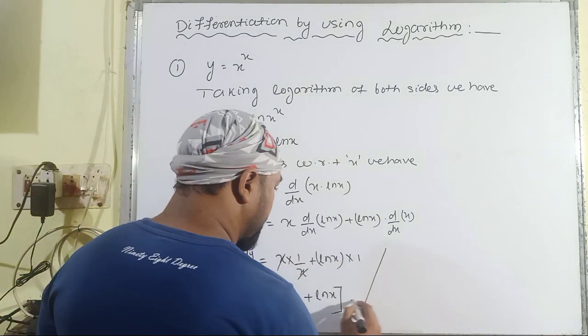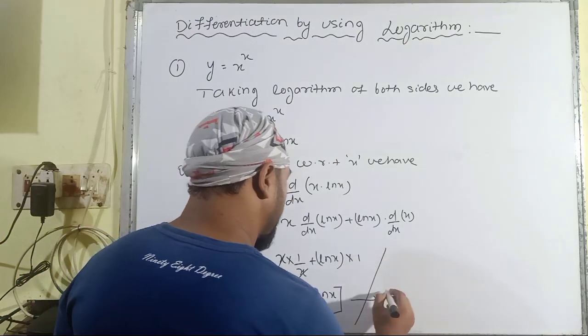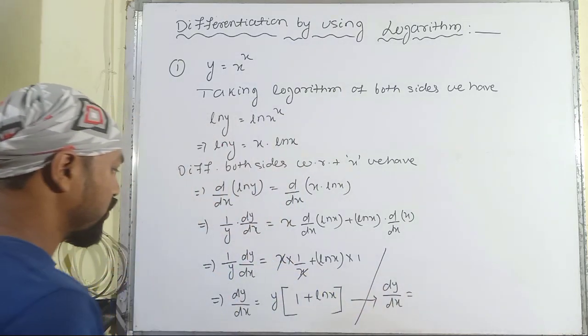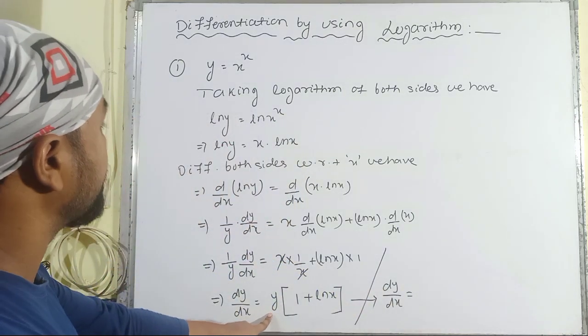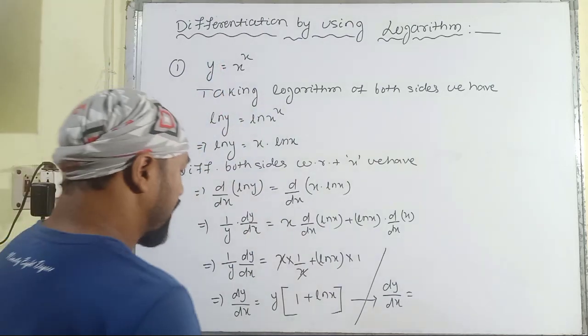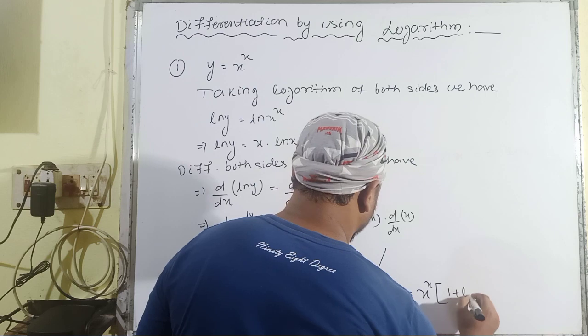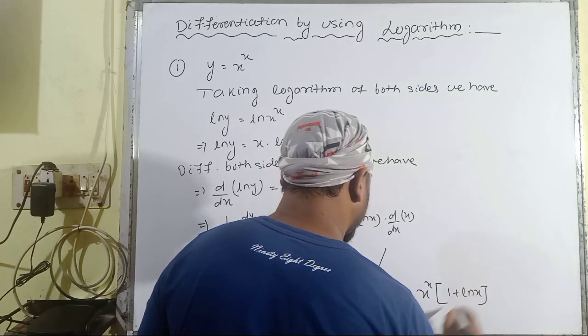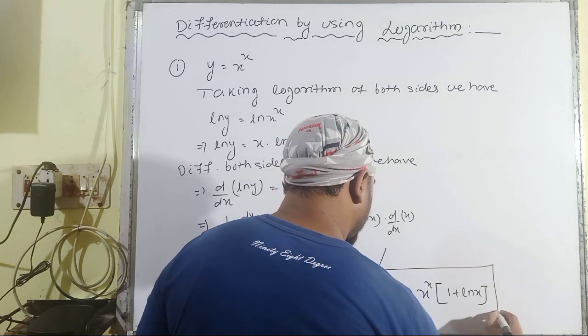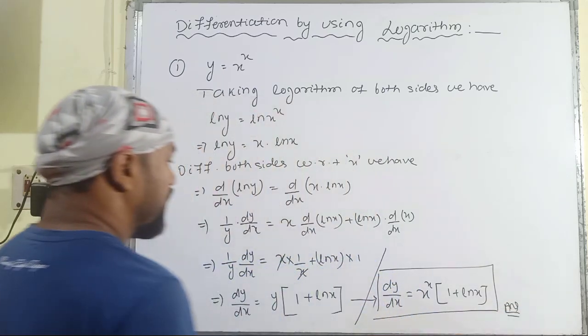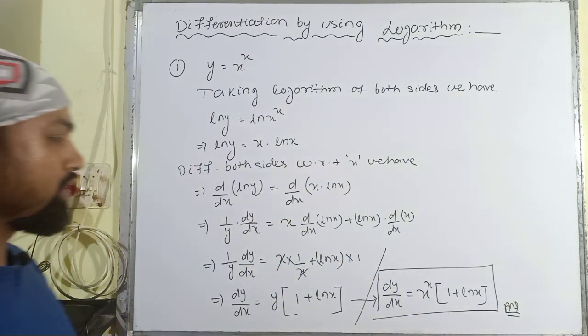Just solving this step, we can have the final answer here. We just have to put the value of y, which is given in the question, and that is x to the power x multiplied with 1 plus ln x, and this is your answer, or you can say the derivative of y with respect to x.